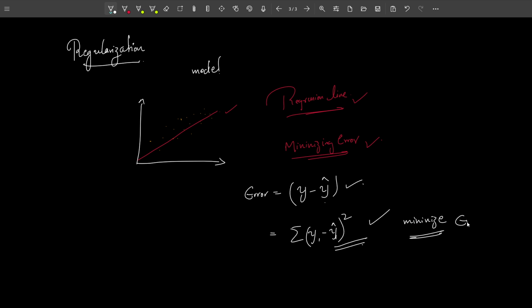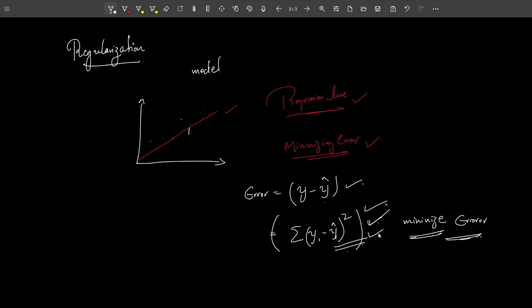We minimize this expression and we'll fit the line. This is what we minimize to fit the regression line.